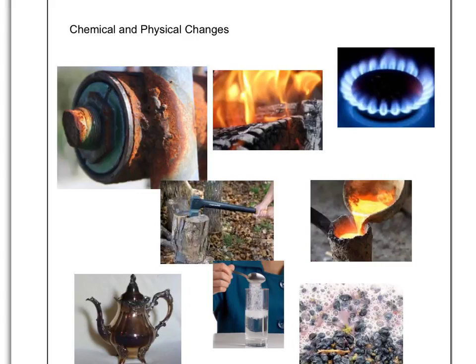It's still the same substance. And over here, this is molten iron. If we melt iron, it's certainly different. It's much hotter in the molten form, but we can cool it off and go right back to the solid form.